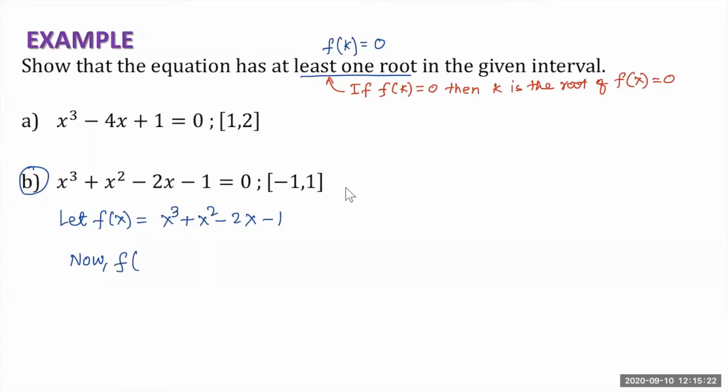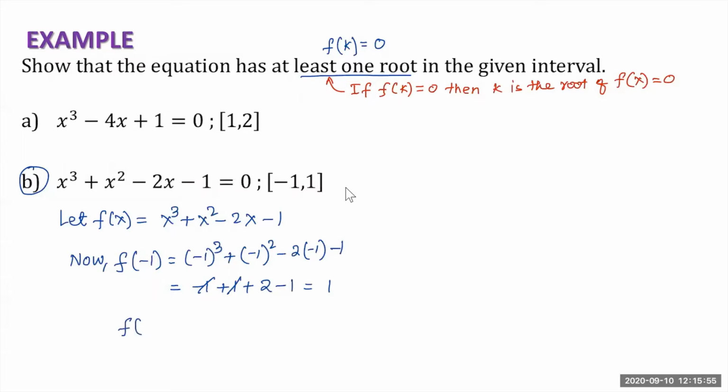So f of -1 is equal to -1 cubed plus -1 squared minus 2 times -1 minus 1. If I simplify this, -1, plus 1, plus 2, minus 1. These two get cancelled. 2 minus 1 is 1. That's your f of -1.